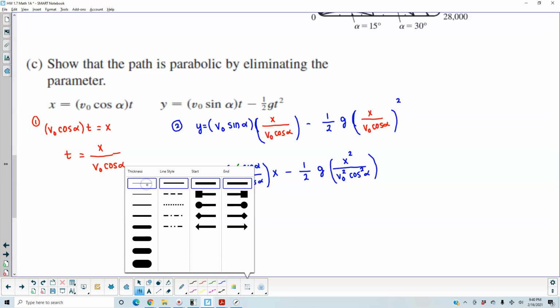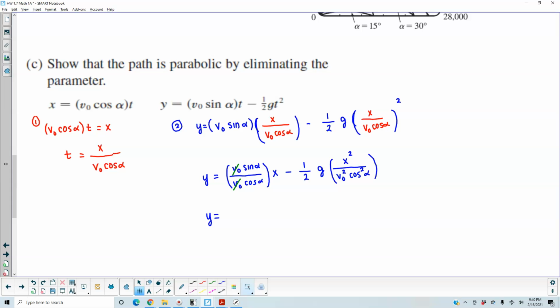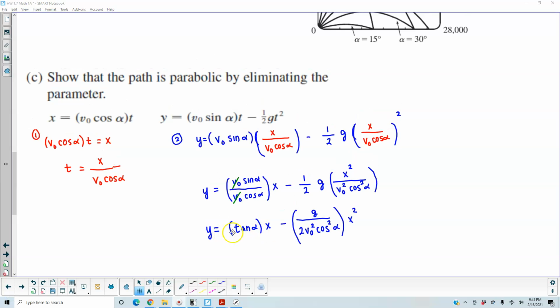And so what we have left is sine alpha over cosine alpha, which is tangent alpha, times x, minus, in the numerator, g, and in the denominator 2 times the velocity squared times cosine squared alpha, times x squared. And so this is a parabola in terms of x. And so we've eliminated the parameter.